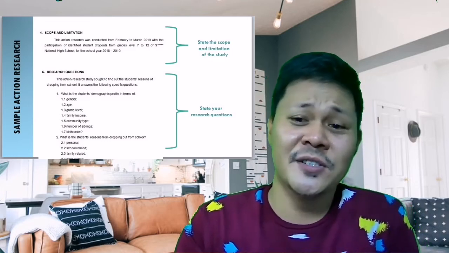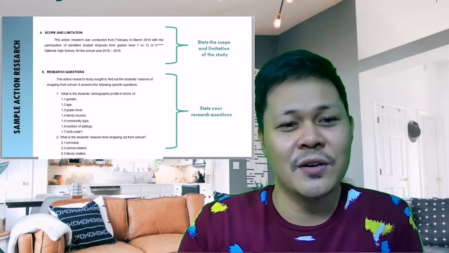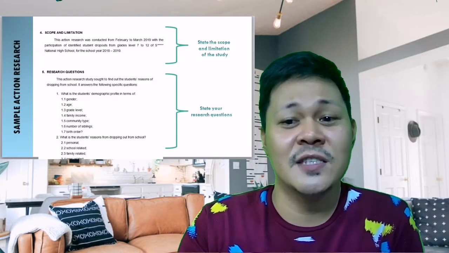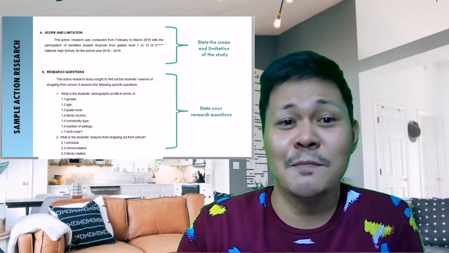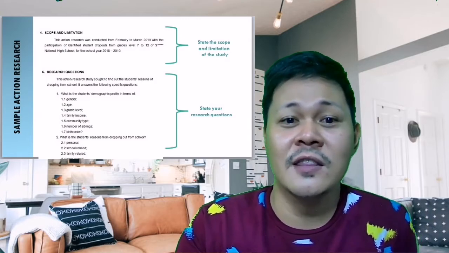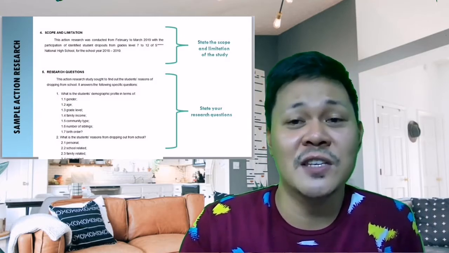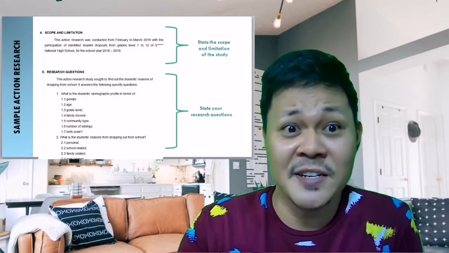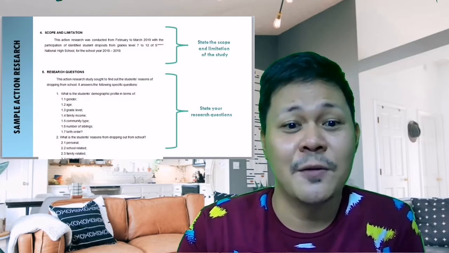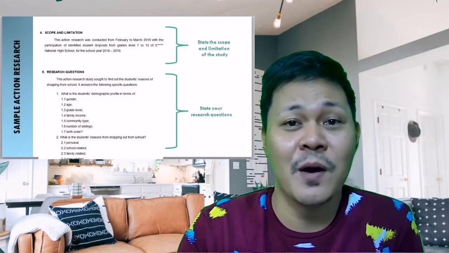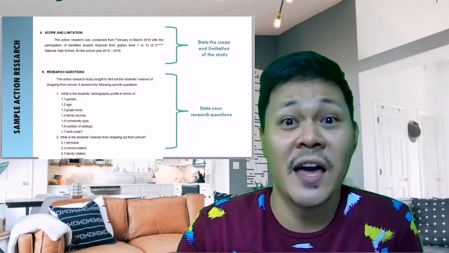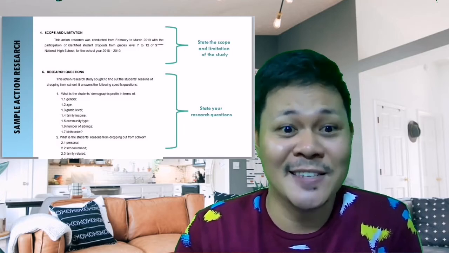Next is the research questions. So you are going to state here the specific research questions that you are going to answer in the next part of this action research, which is the findings and analysis. These questions should be answered in the part of findings and analysis.